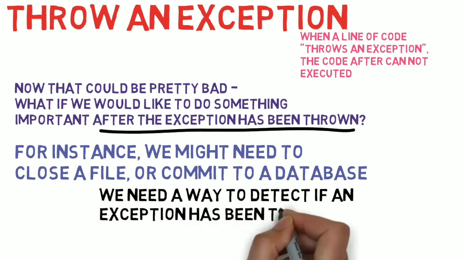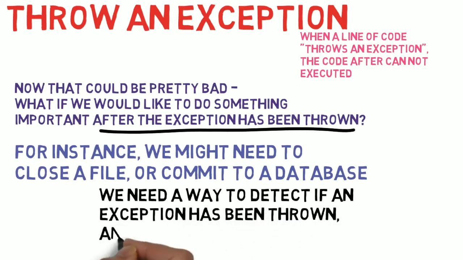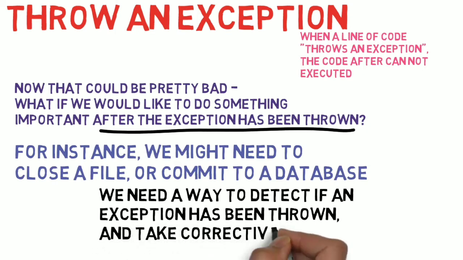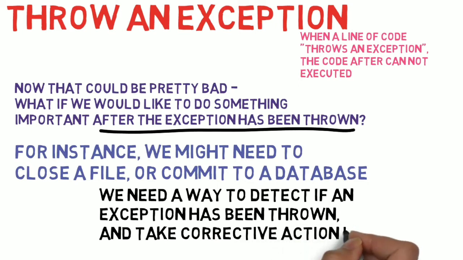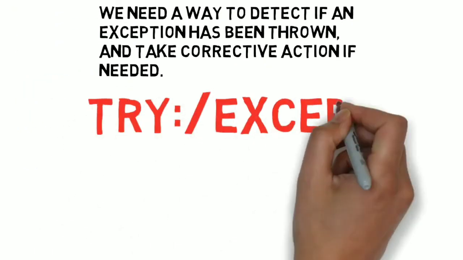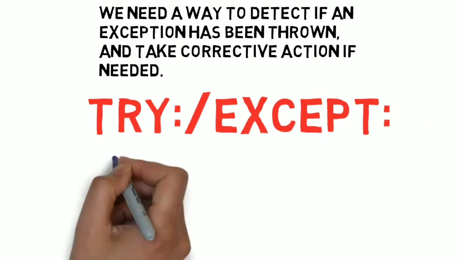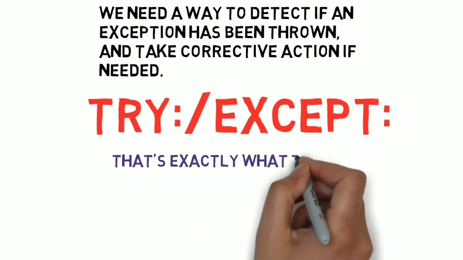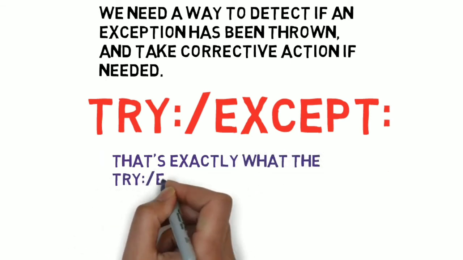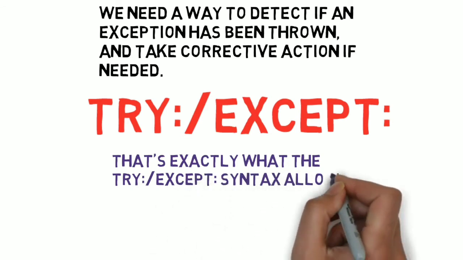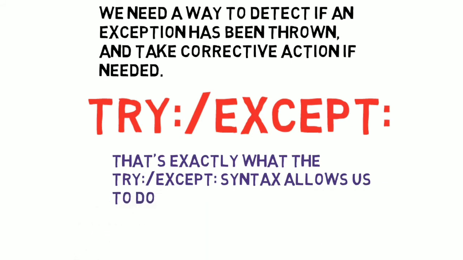So we need to find a way to detect if an exception has been thrown and take corrective action if that has happened. This is exactly what the try-except syntax will allow us to do. It allows us to check if an exception has been thrown, and if an exception has been thrown, it allows us to tell the program what to do next.